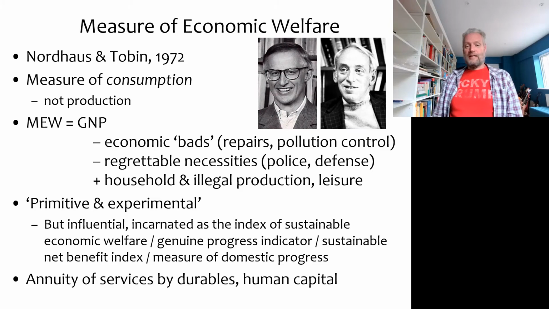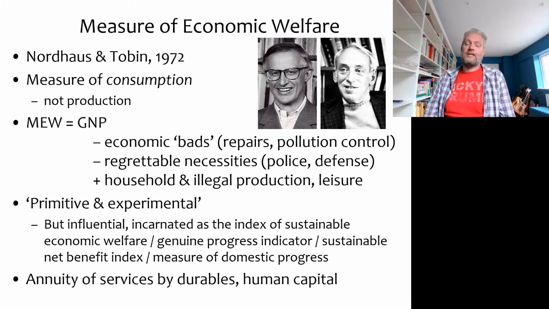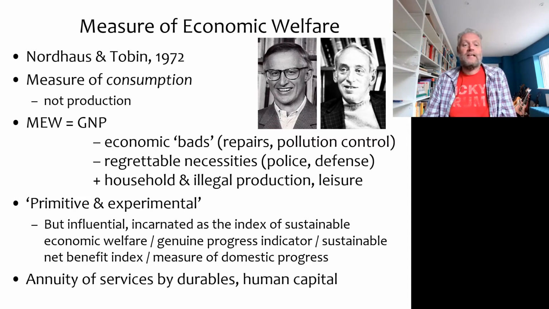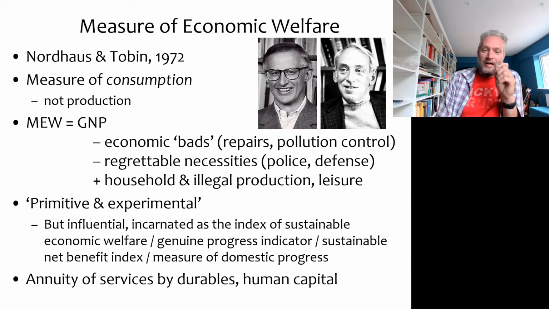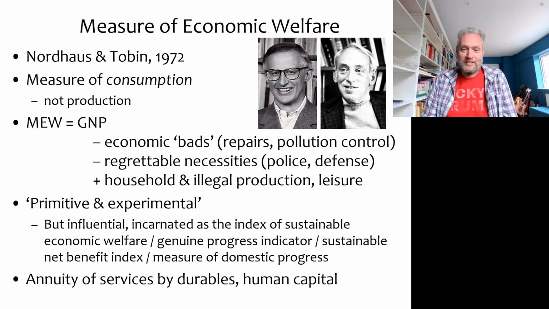Nordhaus and Tobin in 1972 proposed in a much more ad hoc way something very similar. They called it a measure of economic welfare. And they stressed that it's a measure of consumption rather than production. And they said that the measure of economic welfare is the gross national, the net domestic product, bad mistake here, minus all the economic bads, like things where you're just fixing things or you're controlling pollution and it really has no other reason than to prevent harm, minus the regrettable necessities.